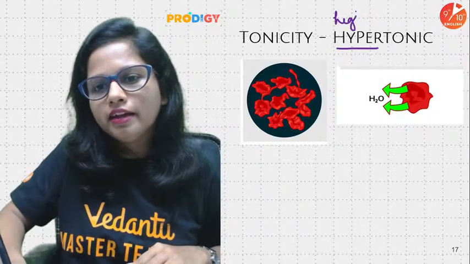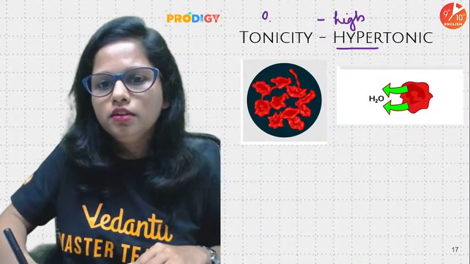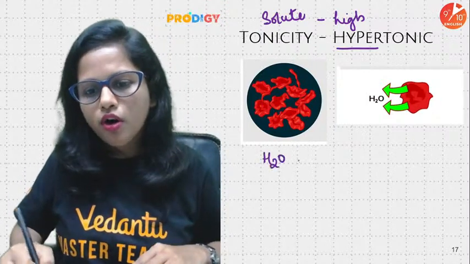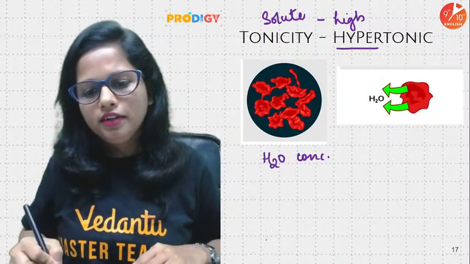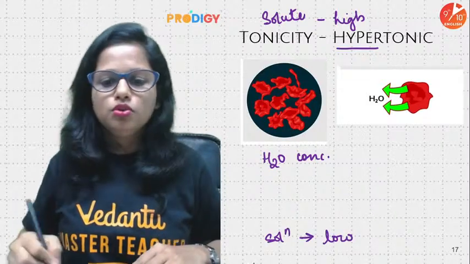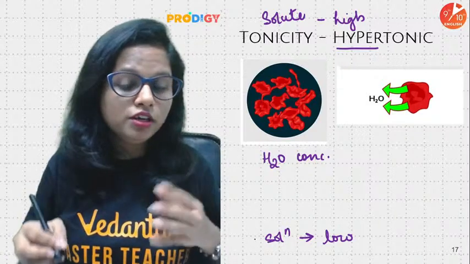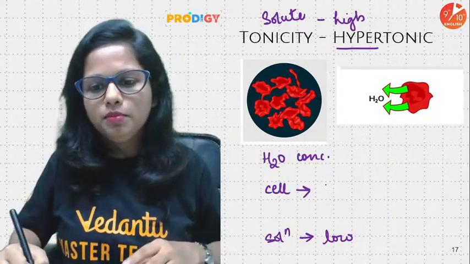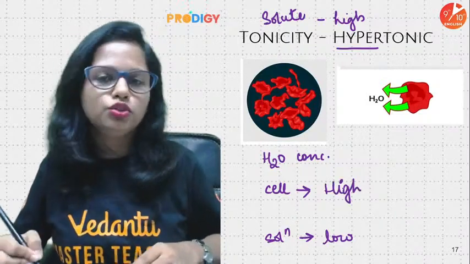Now, the third condition, hyper. Hyper means high. What is high over here? The solute concentration is high. So the water concentration in the solution is going to be low. If it is low in the solution, then in comparison the cell will have a high concentration of water.